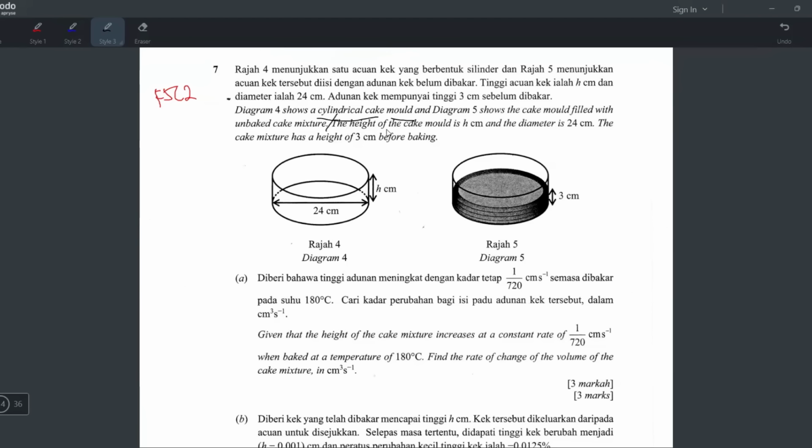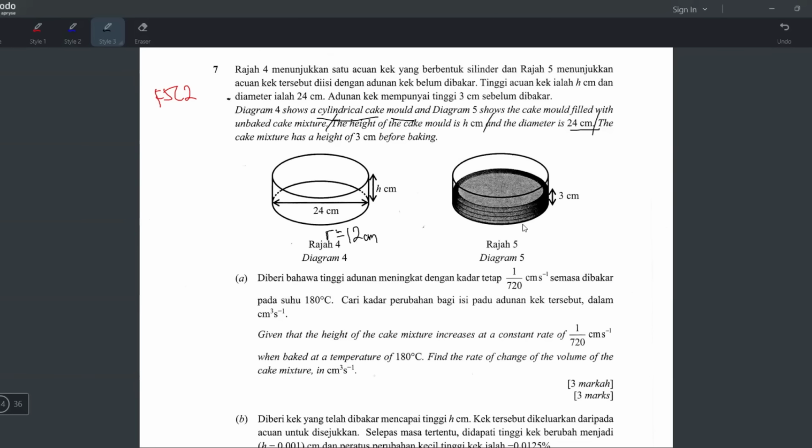Okay, the height of cake mold is H cm. The cake mold total height H. Diameter is 24. Usually we don't use diameter, we use radius. So let's divide by 2, you get 12 for the radius. And then the cake mixture has a height of 3 cm before baking. Oh, before baking. So the H is 3. So maybe after baking, the height will increase.